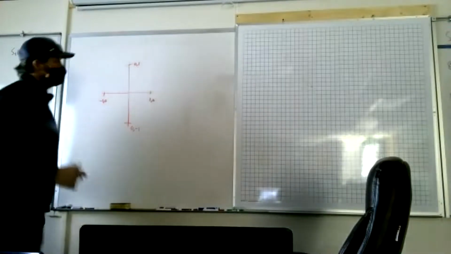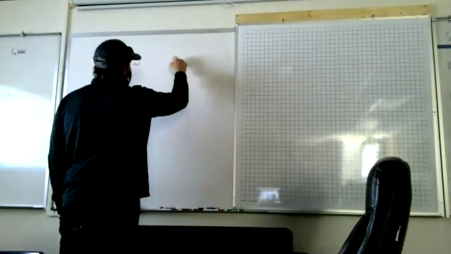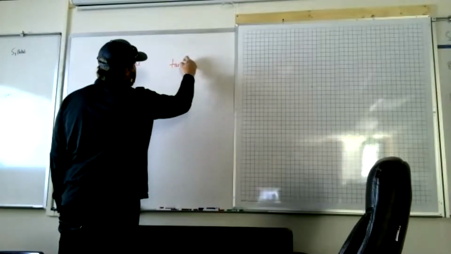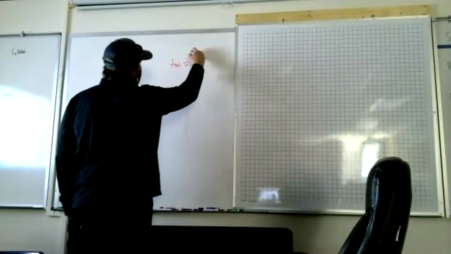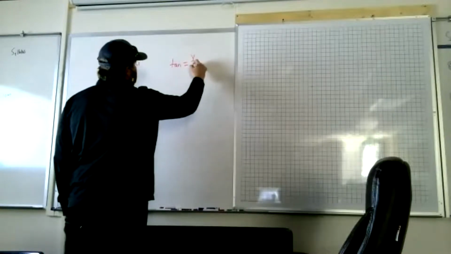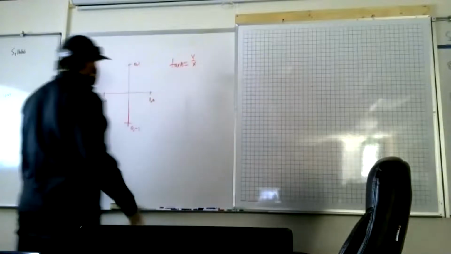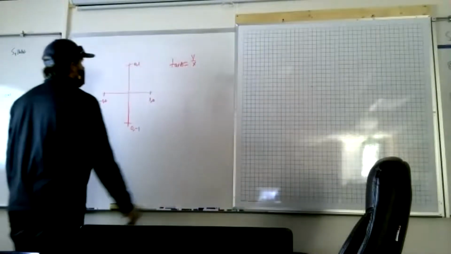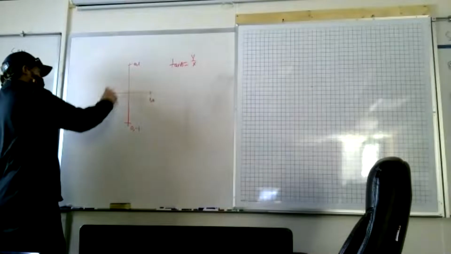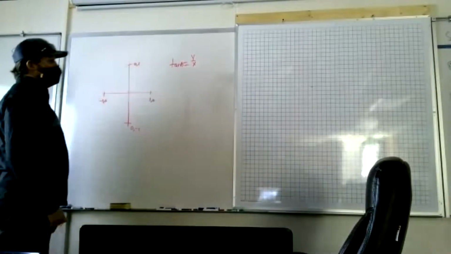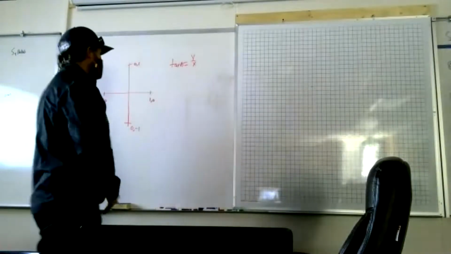And if you remember, tangent is equal to y over x. Okay, tangent of theta is equal to y over x. What this sets up is that our quadrantal angles are either going to be 0 or undefined.